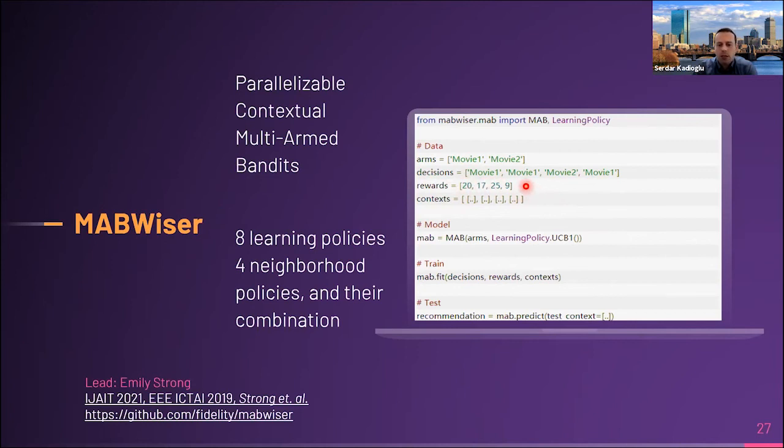Maybe that's the number of minutes that the user watched the movie, or it could be binary, as we have seen in the previous example. What the bandit algorithms do is I initiated an object with the options I have. So I have 2 arms here, and I trained my bandit using a learning policy. So there are different options to select here and different combinations of different policies based on the decisions, rewards, and the context I have seen.